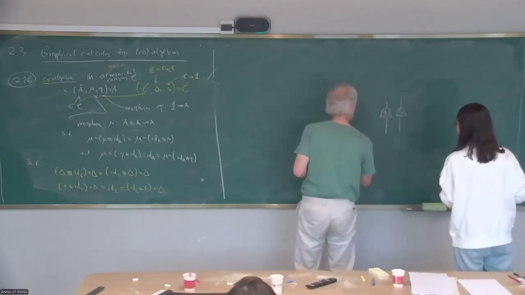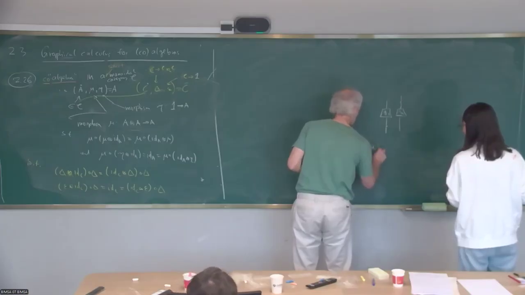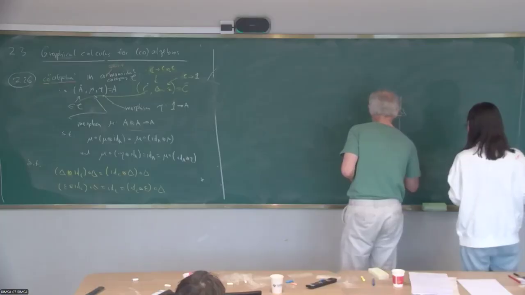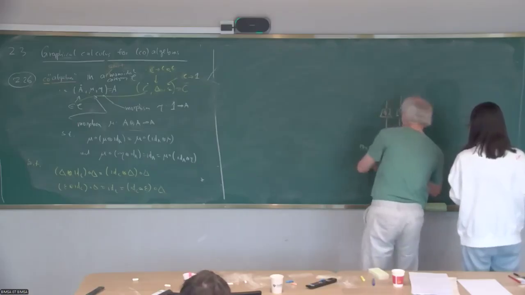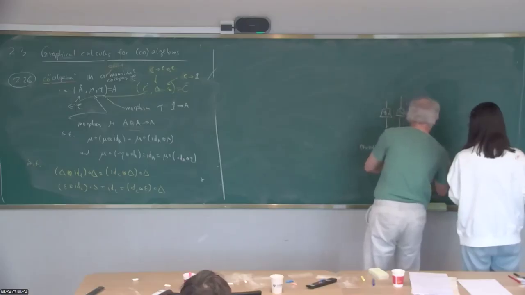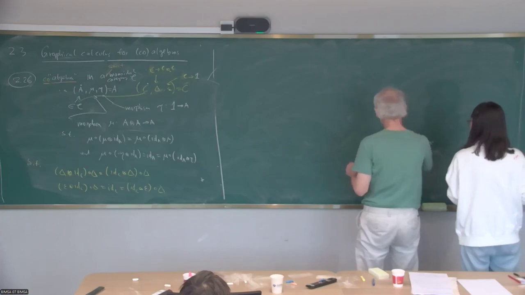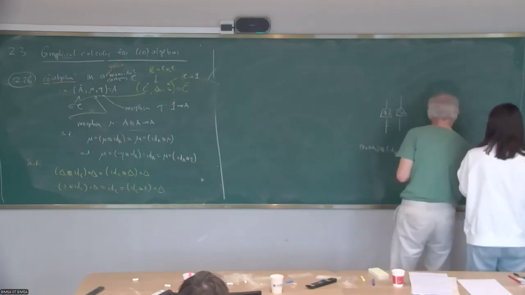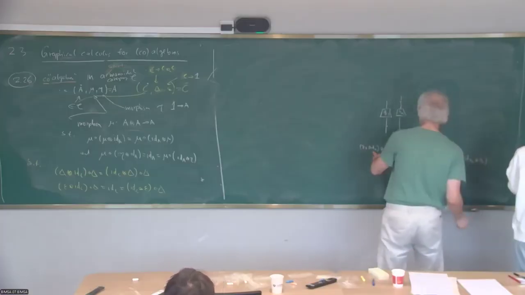But this really stands for G1 composed with identity on X1, tensored with identity on X2, composed with G2, and then we use the interchange law to say this is the same as G1 tensored with the identity on X2 composed with identity on X1 tensored with G2. And what is that?